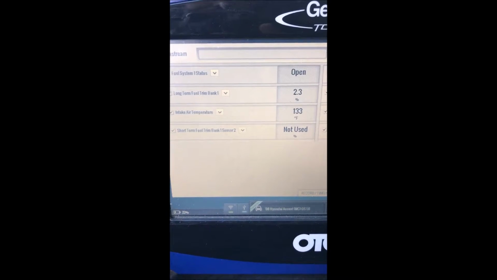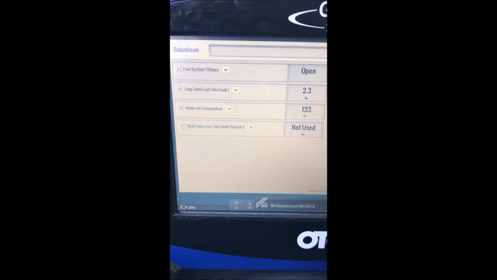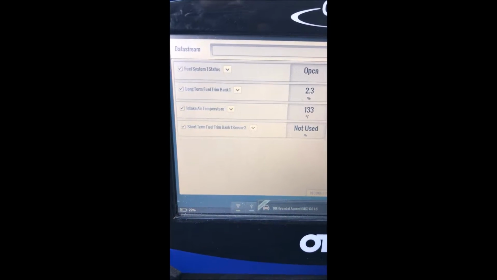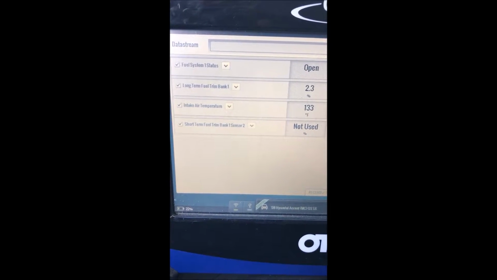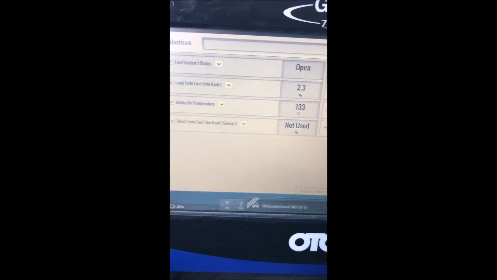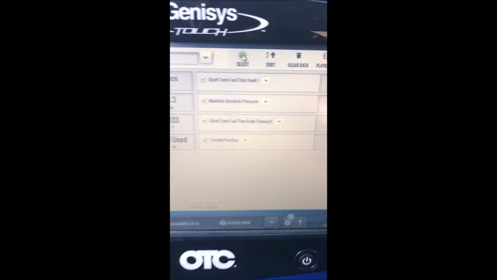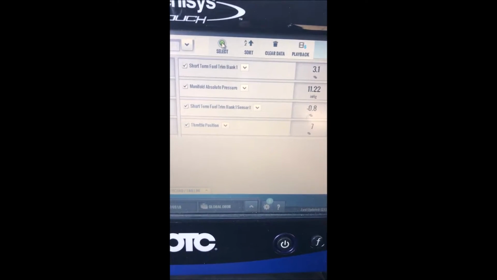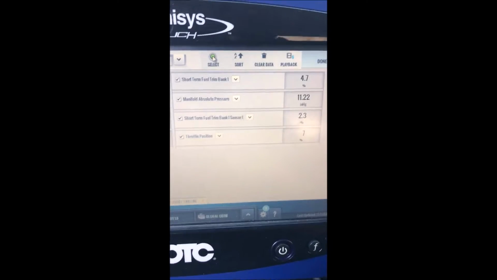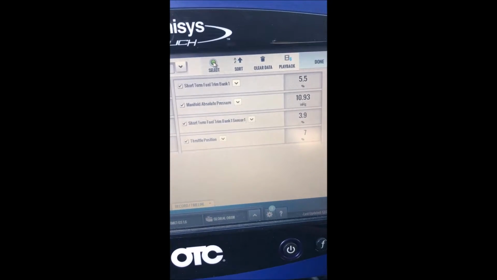Your long-term fuel trim is going to show not necessarily what's going on right now with your fuel mixture, but more so what's been going on over time. Of course, your intake air temperature is self-explanatory, and your short-term fuel trim is going to be more for the right now, the immediate corrections that the vehicle is making to try and achieve the right air and fuel mixture.